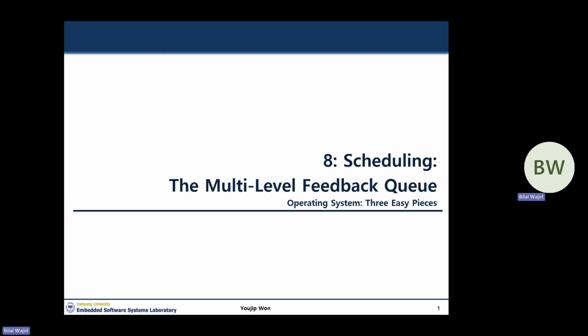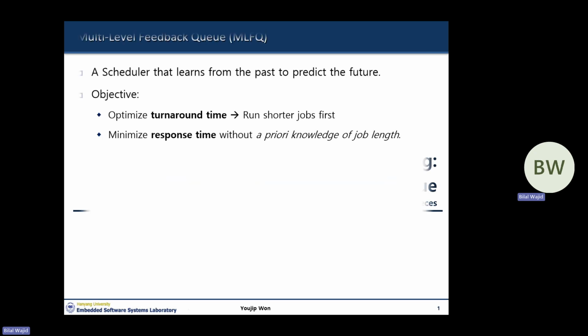So in this lecture, we introduce a framework called the multi-level feedback queue. It won a Turing Award. The aim is, first of all, that we don't know anything about a process, so we're relaxing that assumption as well. How can we build a scheduler to achieve this?